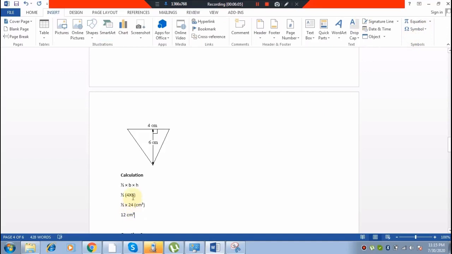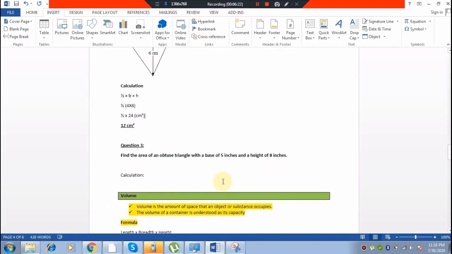If it is liters, it is square liters. If it is meters, it is square meters. If it is inches, it is square inches. So just always remember guys. That's how you calculate the area of a triangle.